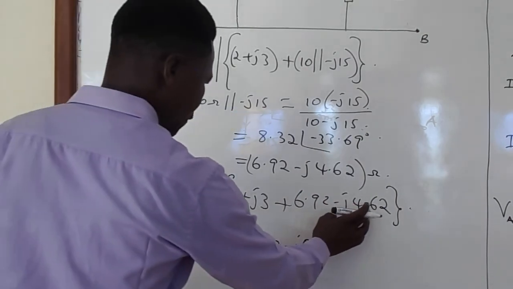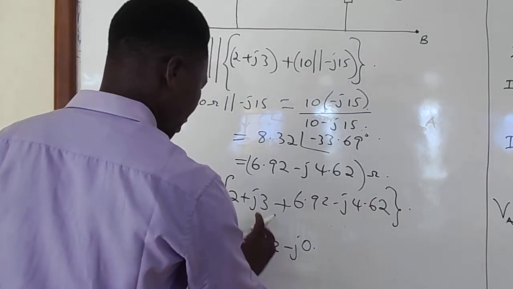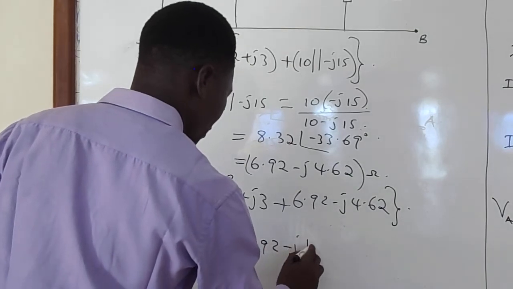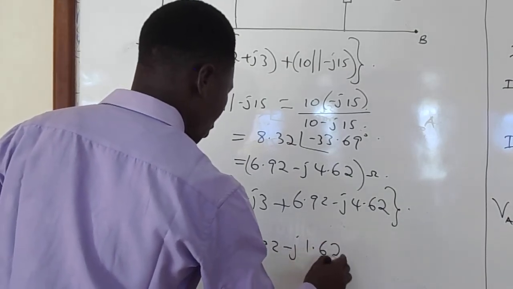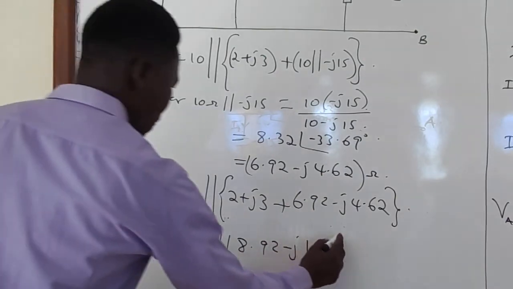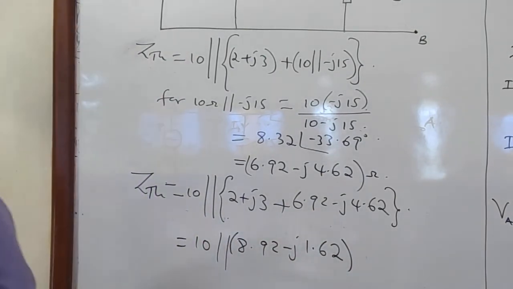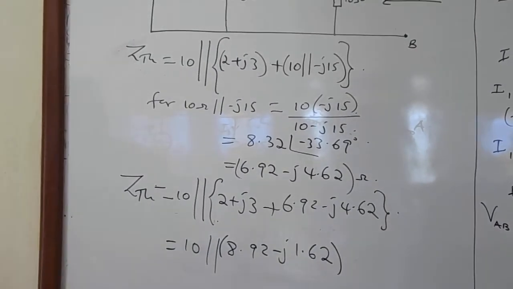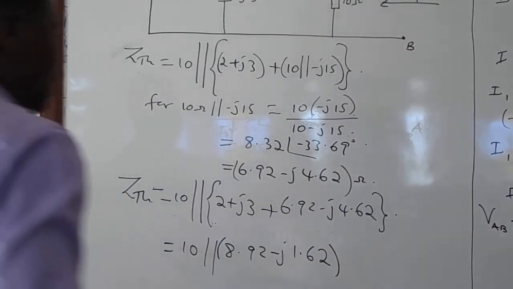That is 4.62 minus 3, J1.62. And you can see it is negative. So now moving to the next page, let's continue on the next page.